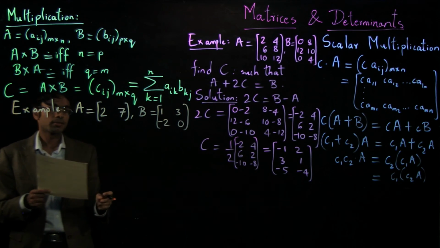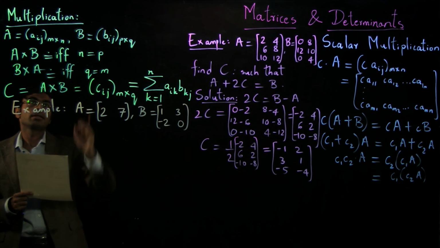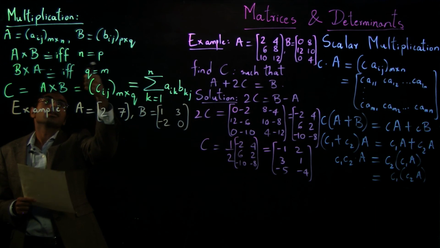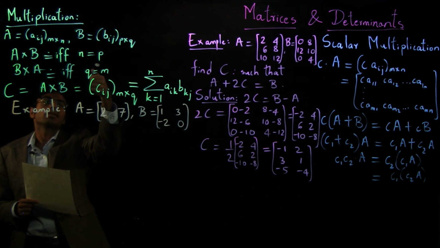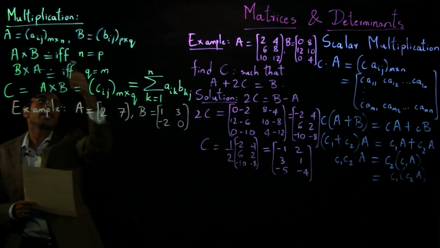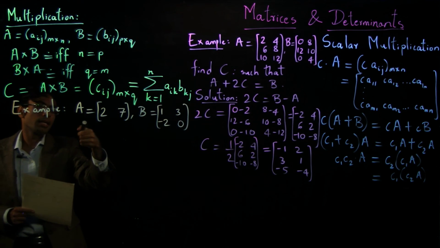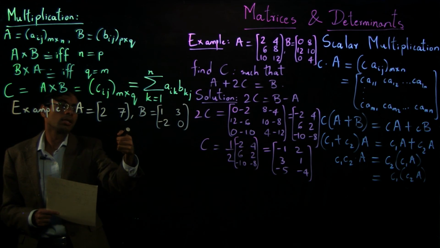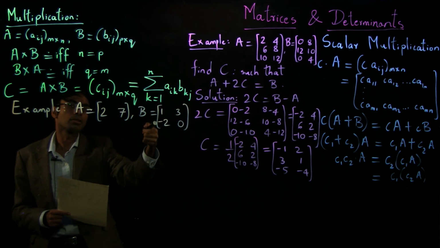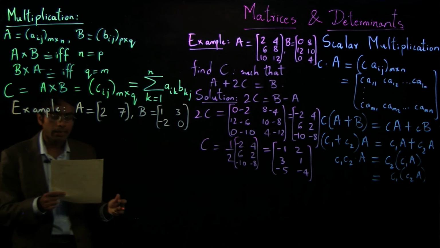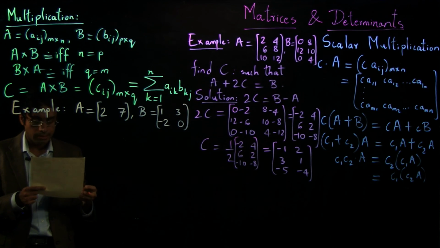So the question is, first of all, is A times B defined? The way to check is if n equals p, so the number of columns of A equals the number of rows of B. In this case, A has 2 columns and B has 2 rows. So n equals p is satisfied, and we know that A times B makes sense.